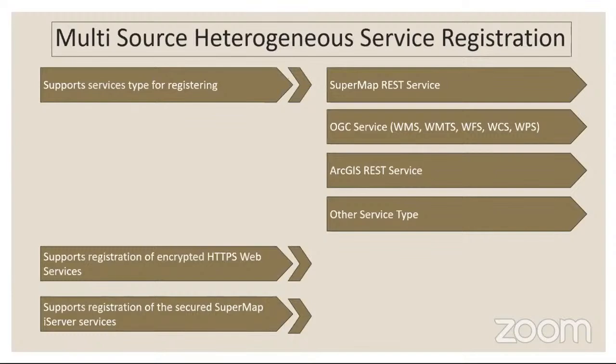Also in iPortal, we support consuming ArcGIS REST services and other services. For example, you can use a CSV text file or shape file. SuperMap iPortal also supports the registration of services that use the HTTPS protocol, either published by SuperMap iServer or by another GIS server.